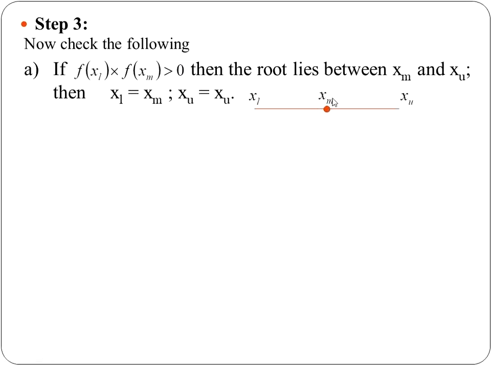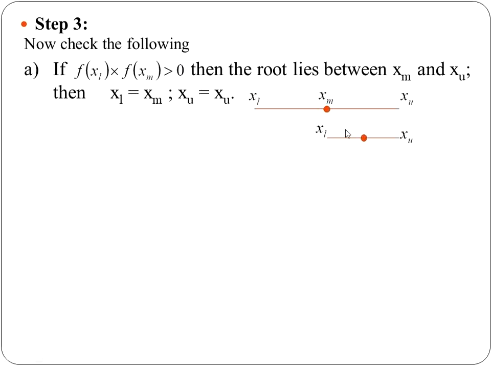Now for the next step, you check f of xl into f of xm. If it is more than 0, then xl becomes xm and xu remains xu, because your root lies between xm and xu.